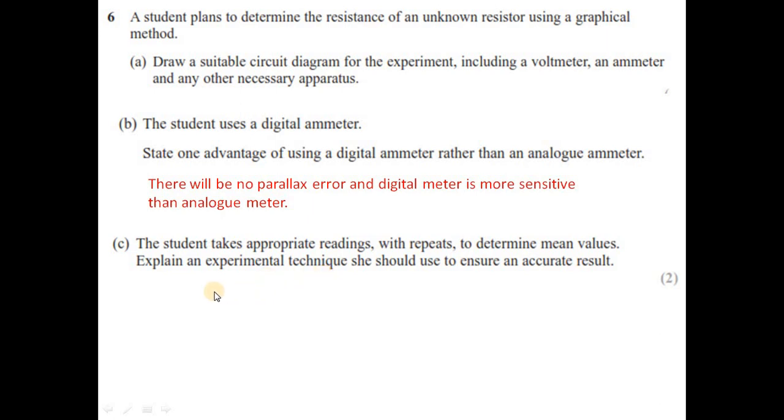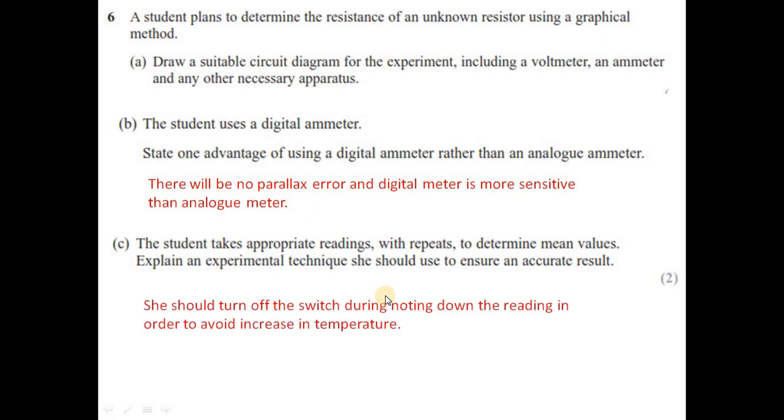Because if you keep the switch on while noting down the reading, in this interval current keeps passing through the circuit, which can cause an increase in the temperature, so an increase in the resistance. So in order to control the temperature, she should turn off the switch and then note down the reading. This is one of the techniques. So you can write like that.